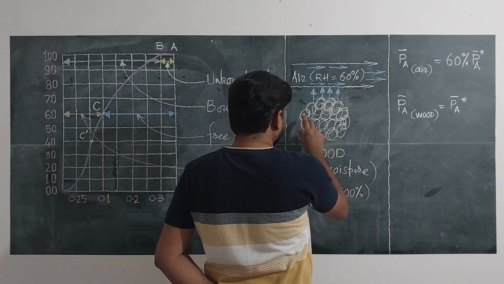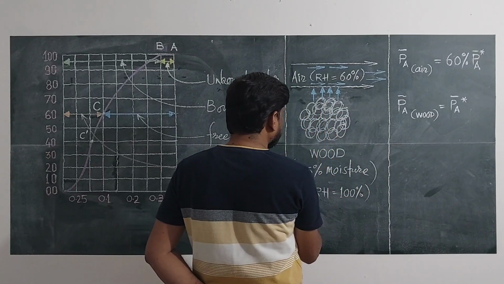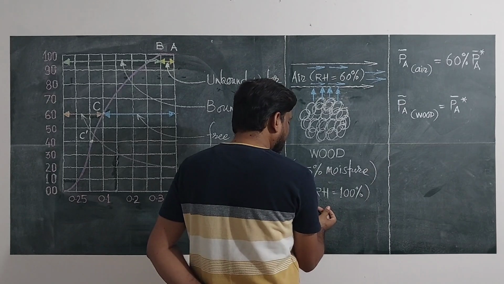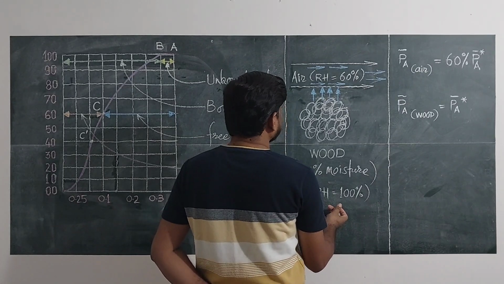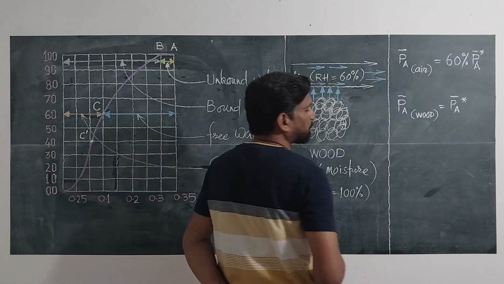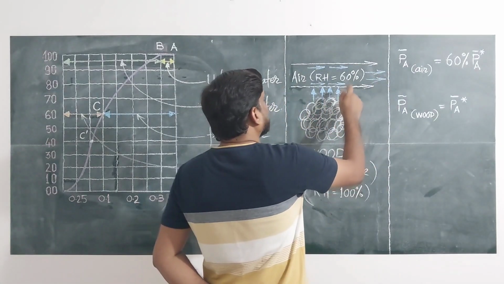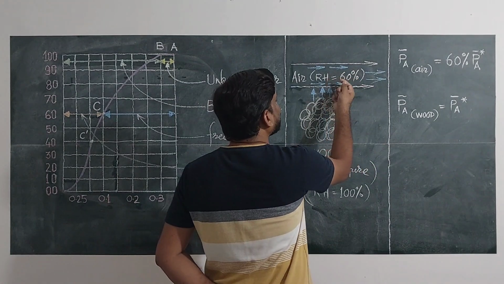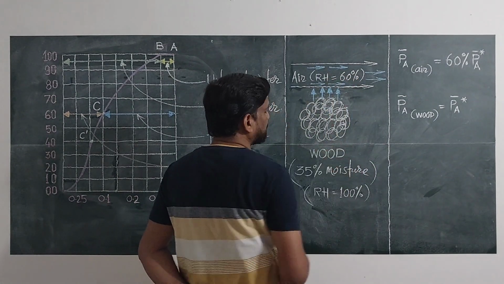The wet wood with 35% moisture having relative humidity 100% is brought in contact with air whose relative humidity is 60%.